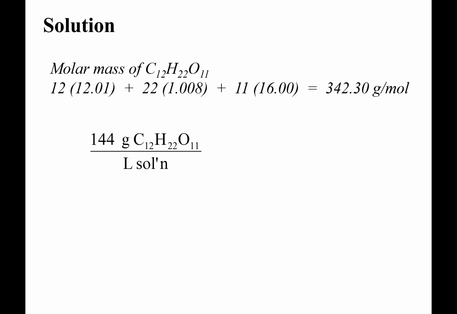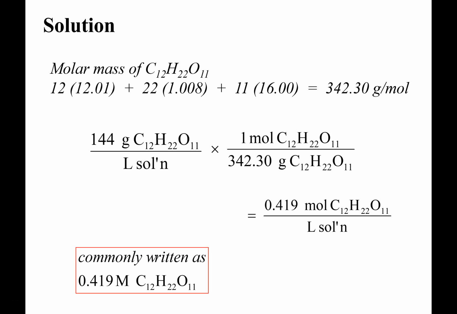All right, 3 sig figs. So you're looking at 0.419, and I probably would write it this way: 0.419, big M means molar. And I need to write sucrose, or the formula for sucrose, C12H22O11.